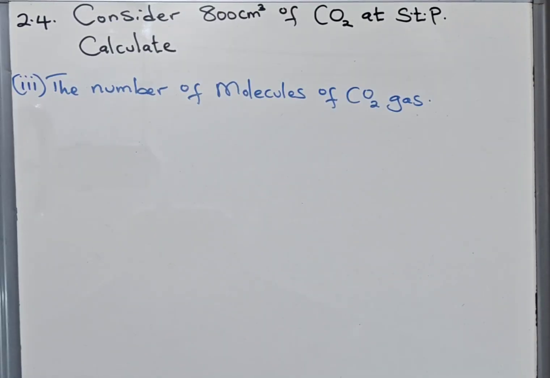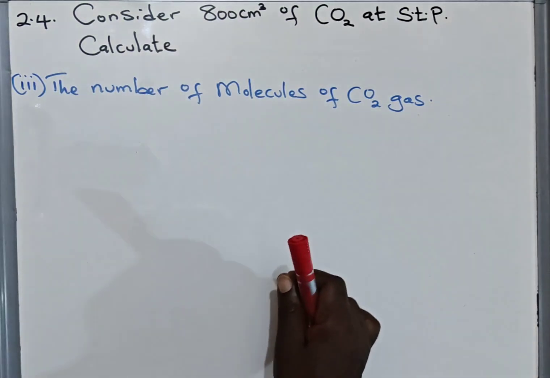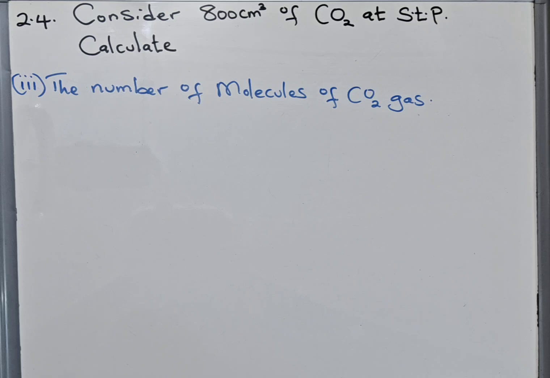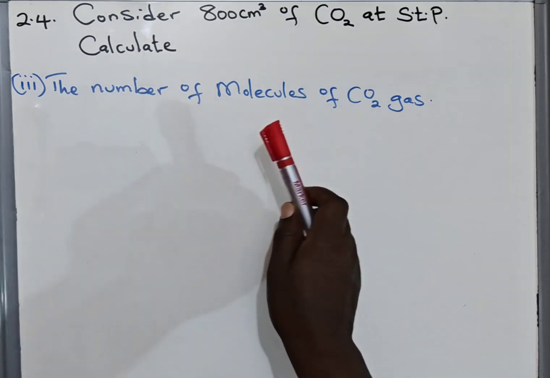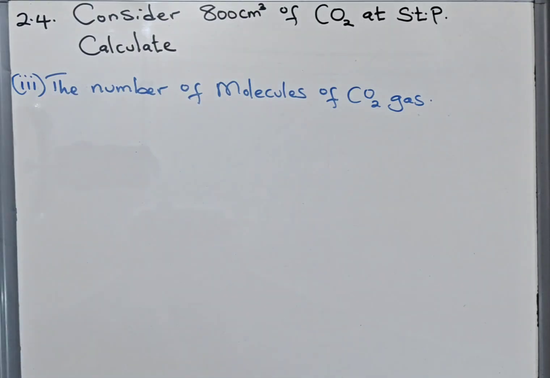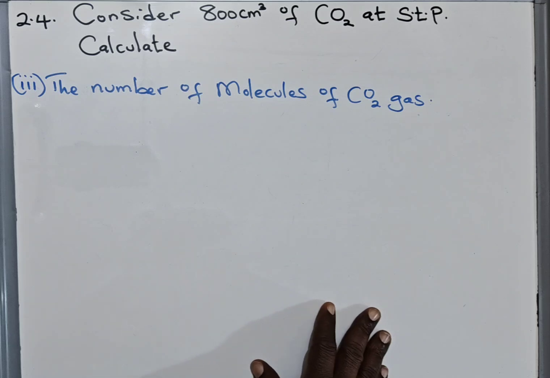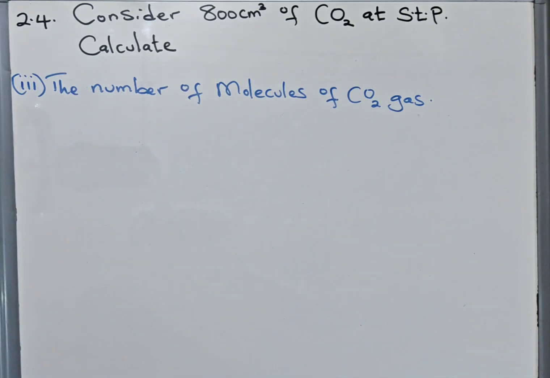Now we are looking at this one. It says calculate the number of molecules of carbon dioxide gas. Don't mistake molecules with moles. Here we want the number of molecules, the CO2 molecules in this gas.